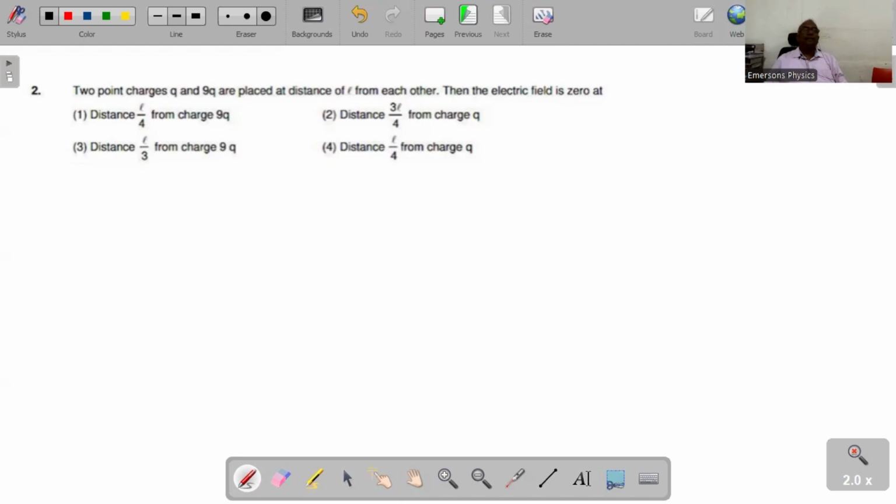So we have a charge Q1 equal to Q, and another charge 9Q, separated by a distance R. We wanted to find out where the electric field is 0. Let us assume that point is O, at a distance X from Q, and R minus X from 9Q.